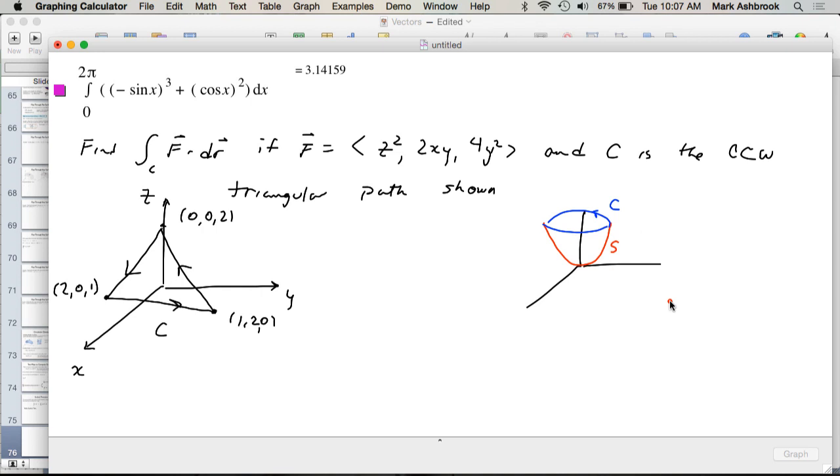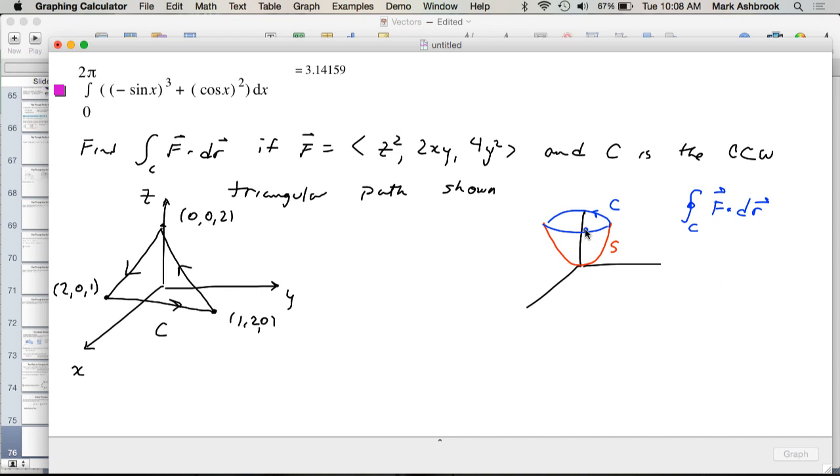So let's forget about the paraboloid for a second and just look at that loop around C. What would be another way to compute this? Say I just said find the circulation around C, which is the unit circle at z equals 1.